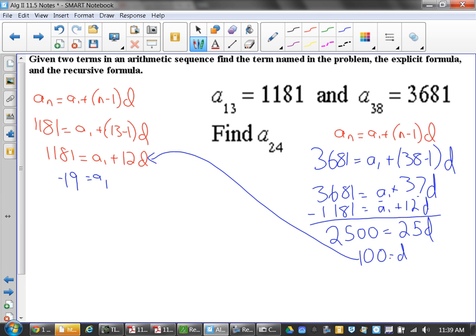So now I know what my first term is, and I know my difference. I can write my explicit formula. I can substitute into this now. So a sub n equals first term, plus n minus 1 times our difference of 100.